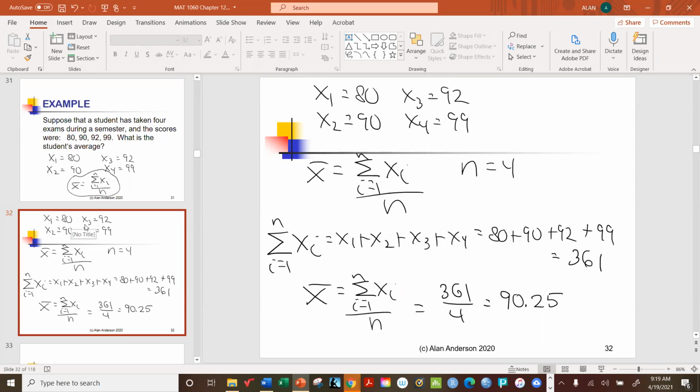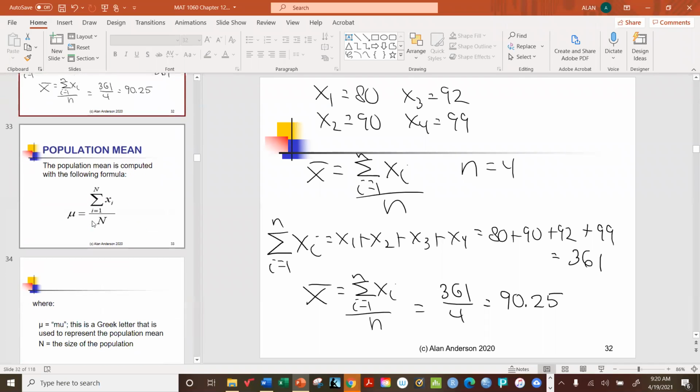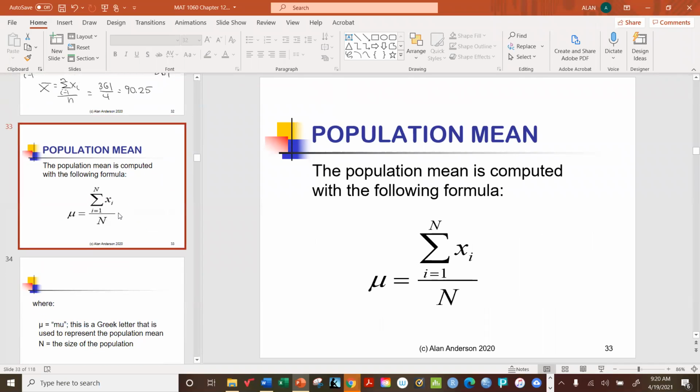There's really 2 major changes in the formula. Let me remind you what the sample version looked like, so that you can compare them side by side.